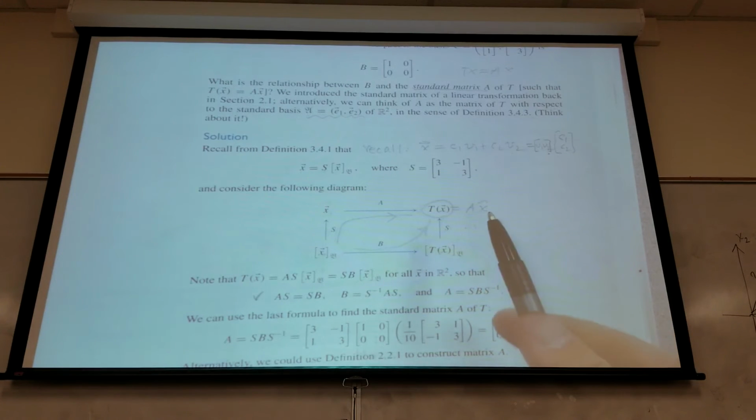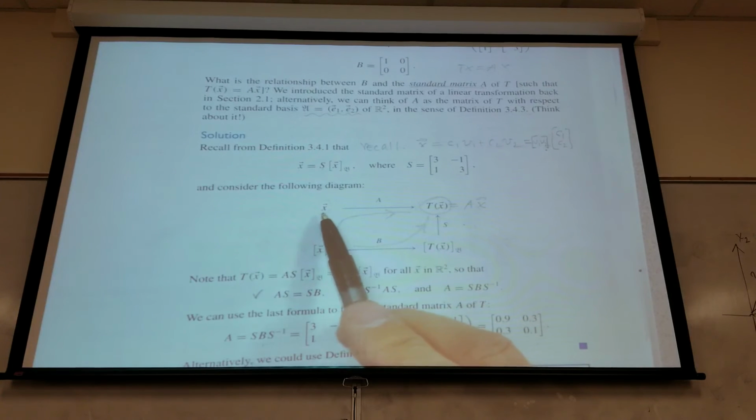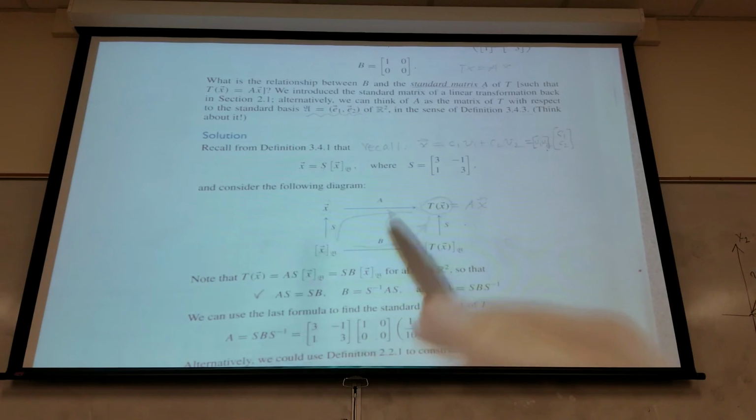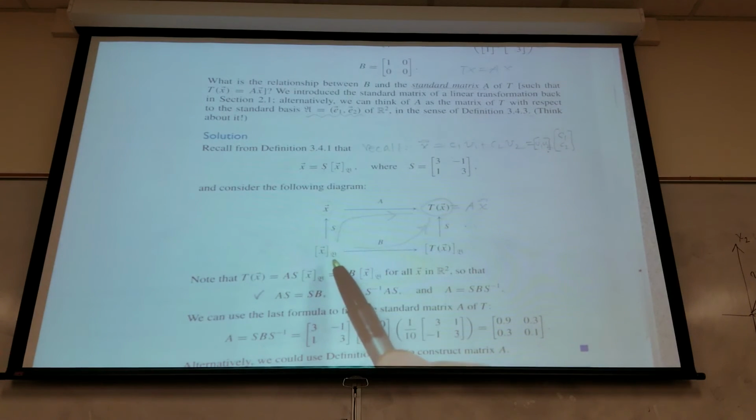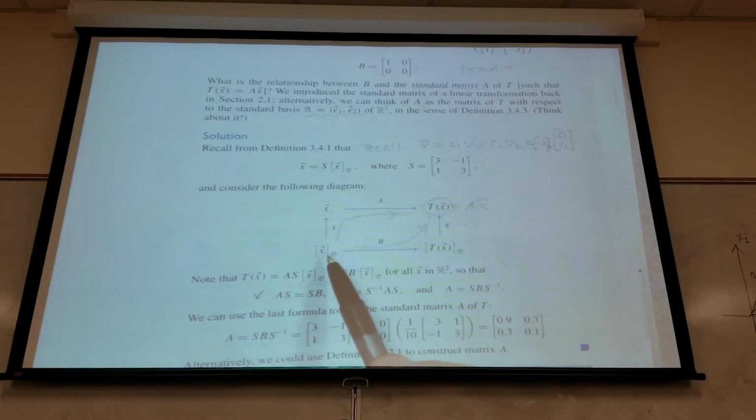So going back this way would be the coordinate. But in this diagram, we are going up. We're going upward. Okay, you see the arrows? These two arrows go up. So that means they go from the coordinates. So remember here, brackets with a B, right?